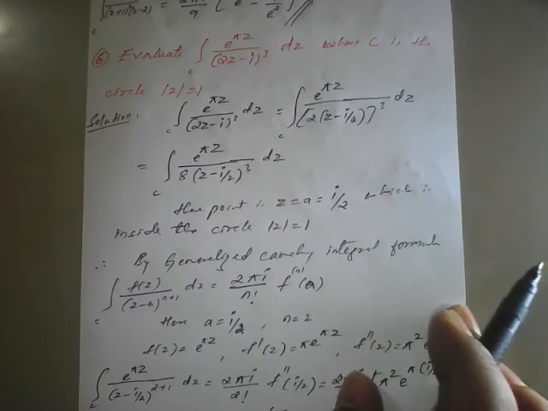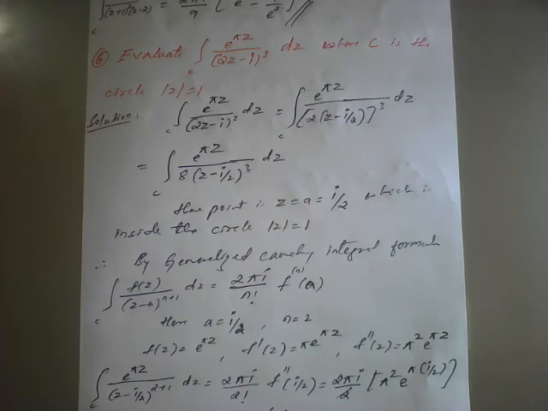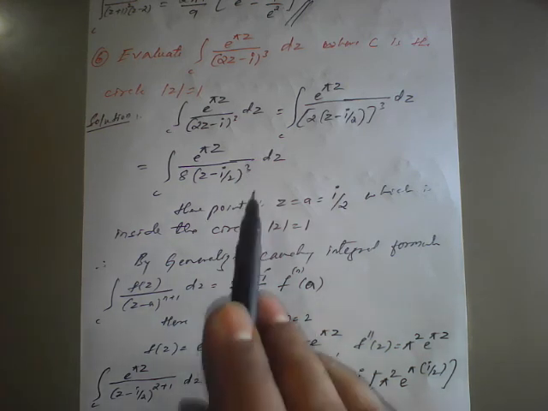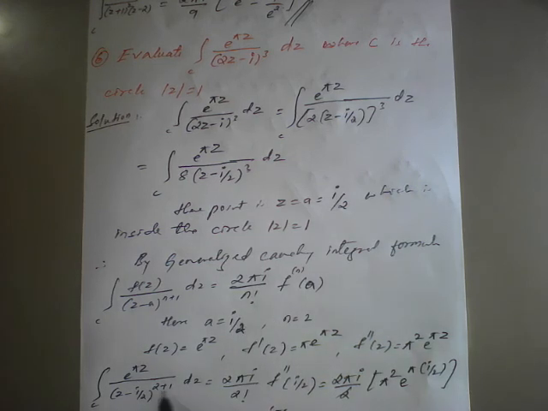Before simplifying, see that the value of a is i upon 2 and the value of n is 2, because the power 3 can be written as n plus 1, so n is 2.